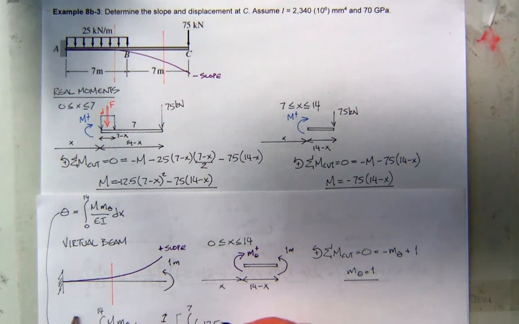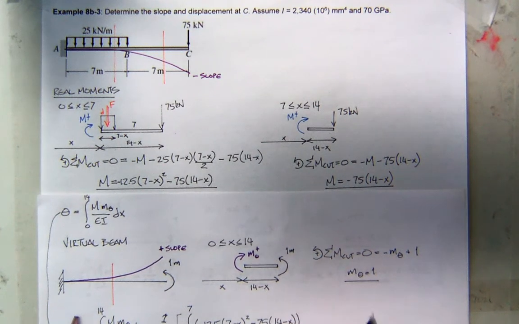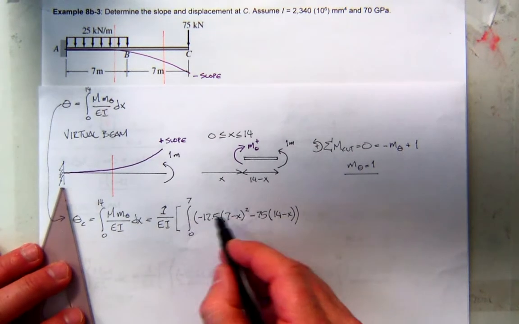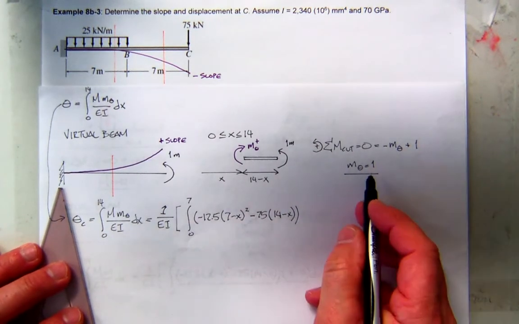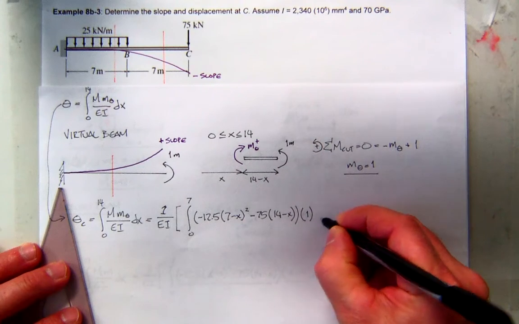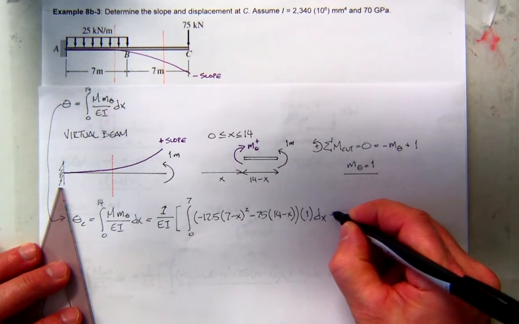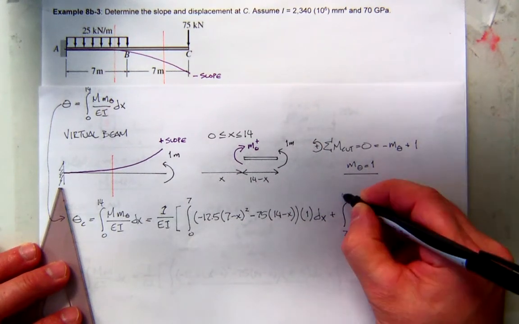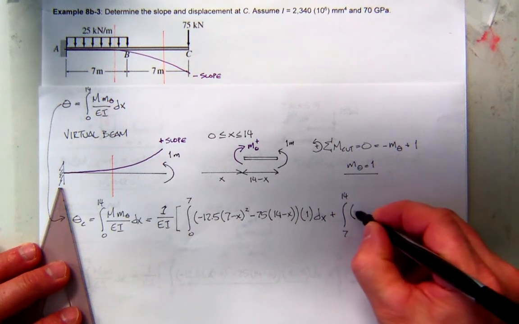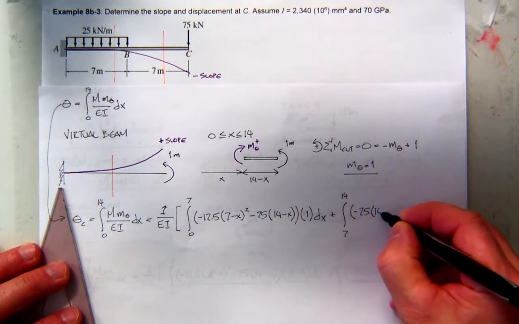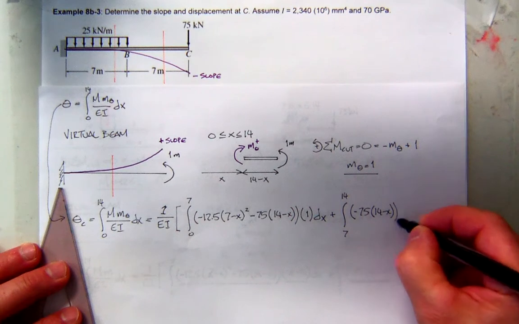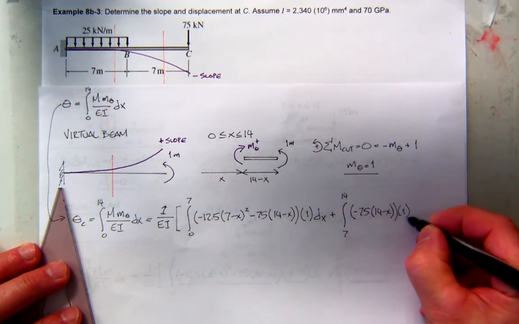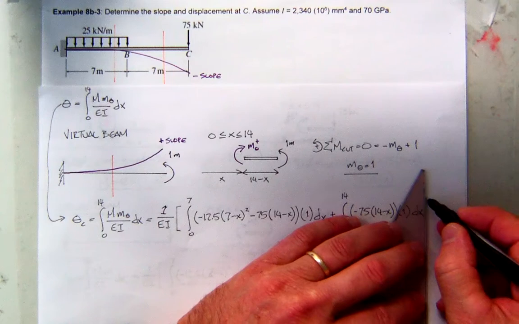So it's minus 12.5 times 7 minus x, that's squared, minus 75 times 14 minus x. So that's the real moment. And then what's the virtual moment here? 1. And then from 7 to 14, the real moment is minus 75 times 14 minus x, and the virtual moment is 1 dx, and then we close up the bracket.